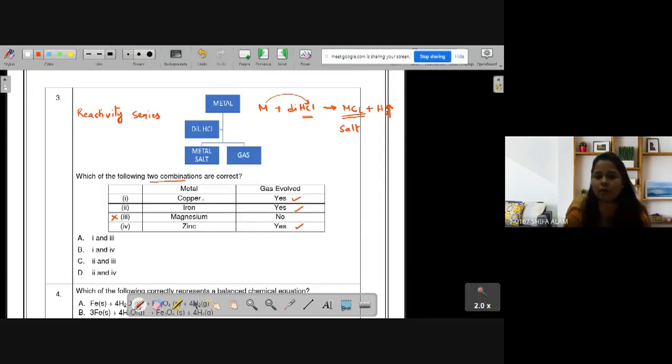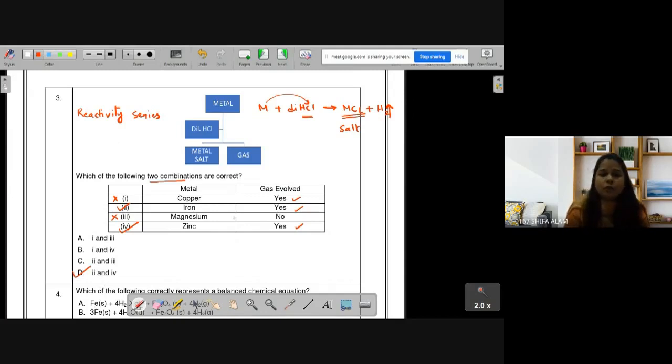So copper, being low in the activity series, cannot displace hydrogen gas. So this cannot be the option. Iron, being more reactive than hydrogen in the activity series, will displace the hydrogen gas. So option 2 is correct. And zinc, also being a more reactive metal, will displace. So our correct combination is option 2 and option 4, which is option D, right?